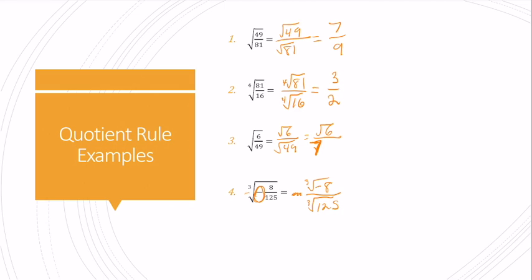Remember, even though I have this negative symbol here, we don't want to make both the numerator and the denominator negative, because a negative divided by a negative becomes a positive. So I would take this negative number and always put it in your numerator, okay? That gives me the cube root of negative 8 is negative 2, and the cube root of 125 is 5. So my answer would be negative 2/5.